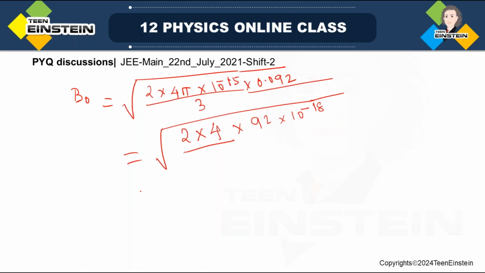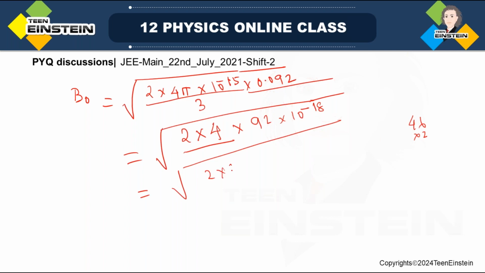Okay, so further I can actually do the simplification. See this 4, see what it will be. This will be 46 into 2, right? Yes.